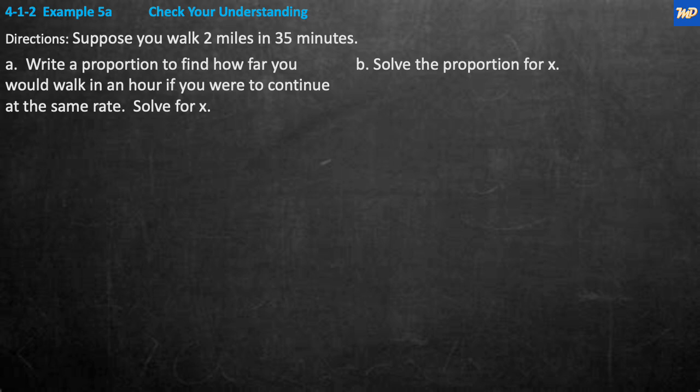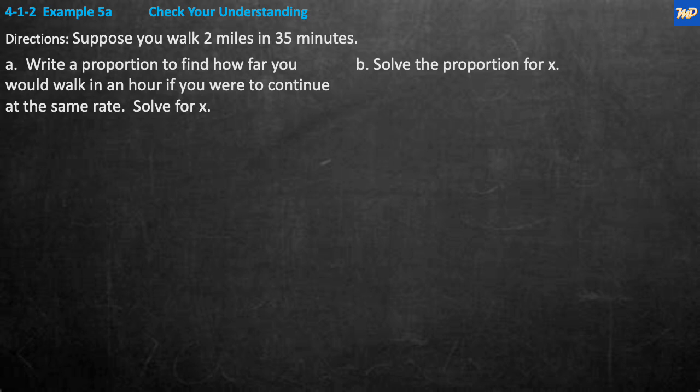Okay, example 5, check your understanding. Suppose you walk 2 miles in 35 minutes. A, write a proportion to find how far you would walk in an hour if you were to continue at the same rate. Solve it for x.